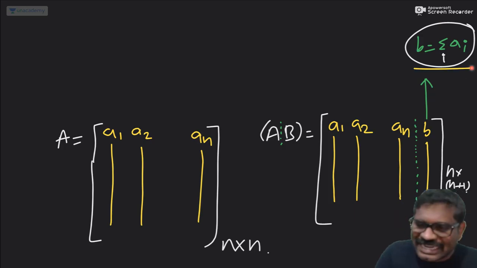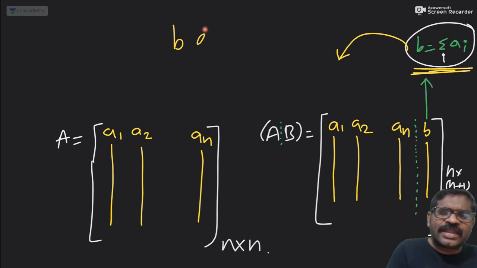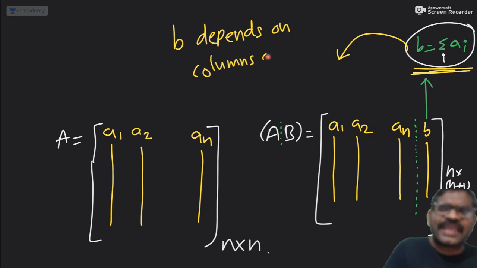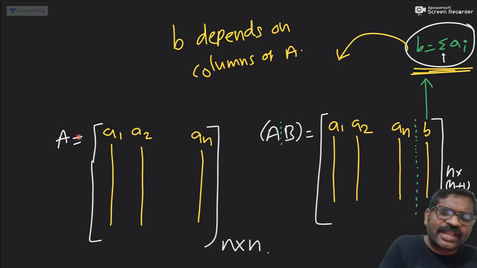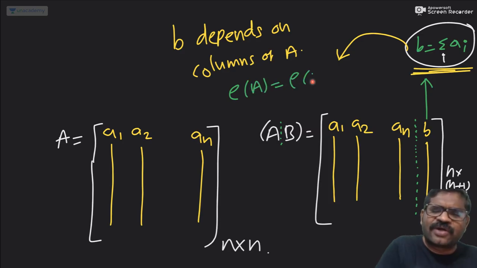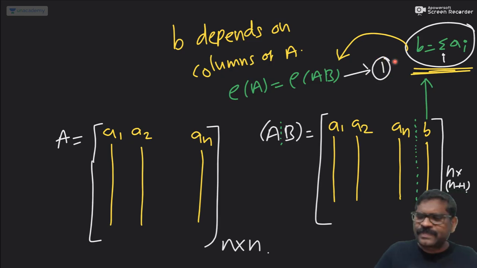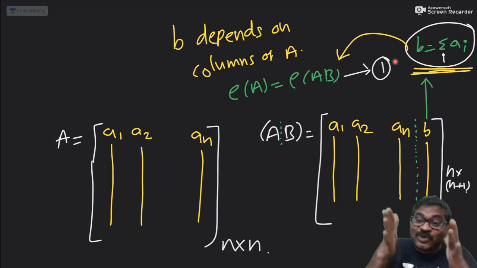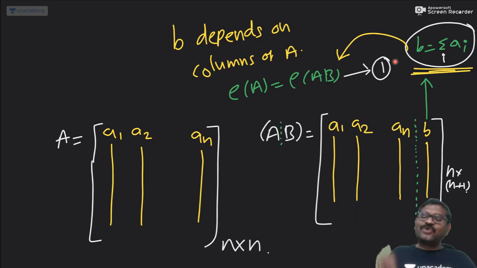Because of this hint, we can understand that B depends on columns of A. If B depends on columns of A, rank of A and rank of [A|B] are equal. There is a solution. Whether that solution is a unique solution or infinitely many solutions, we have to classify. How to classify?